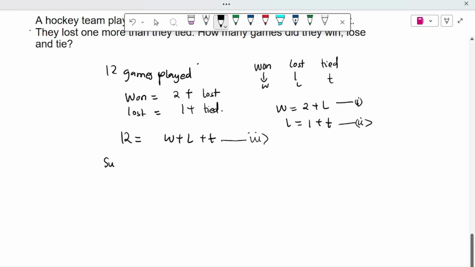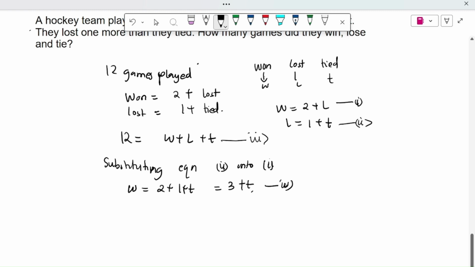So we are substituting equation 2 into equation 1. W is equal to 2 plus 1 plus T. So it is 3 plus T. This is equation 4.